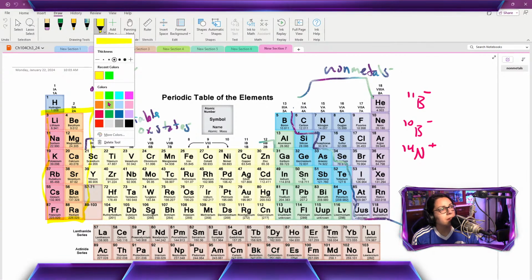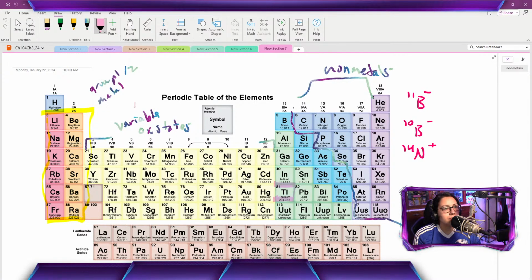I'm going to go ahead and highlight it. Let's see what's a good color. So our thallium, lead, tin, those tend to have multiple oxidation states as well. Mercury.